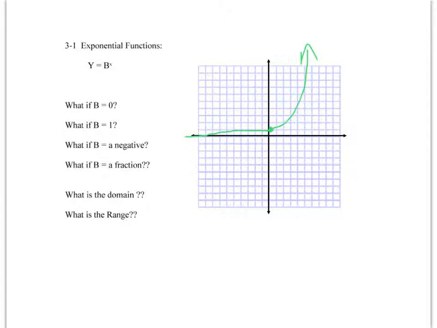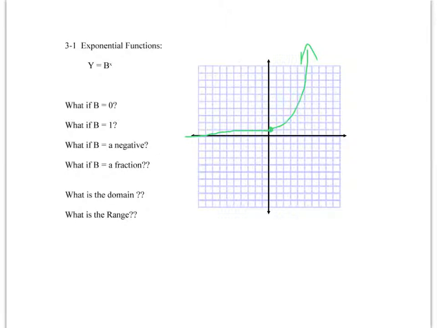We know that the base cannot be 0, the base cannot be 1, and the base cannot be a negative. If the base is a fraction, we know that our exponential function is going to be reversed. It looks something like this, okay? But I'm not going to draw all that in because I want to keep just our basic exponential function. But there is our exponential function.